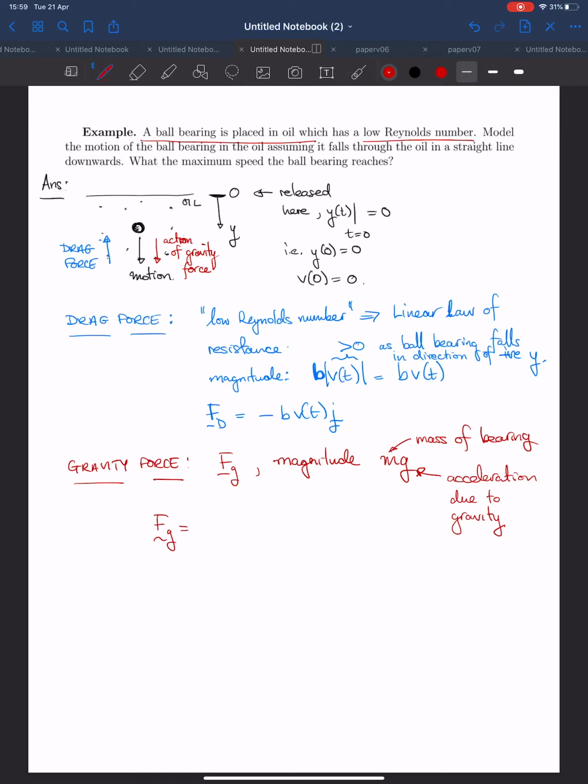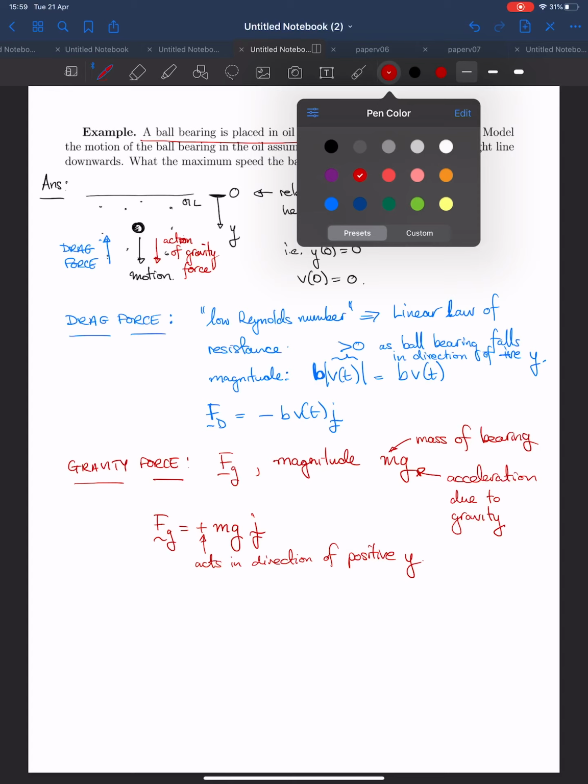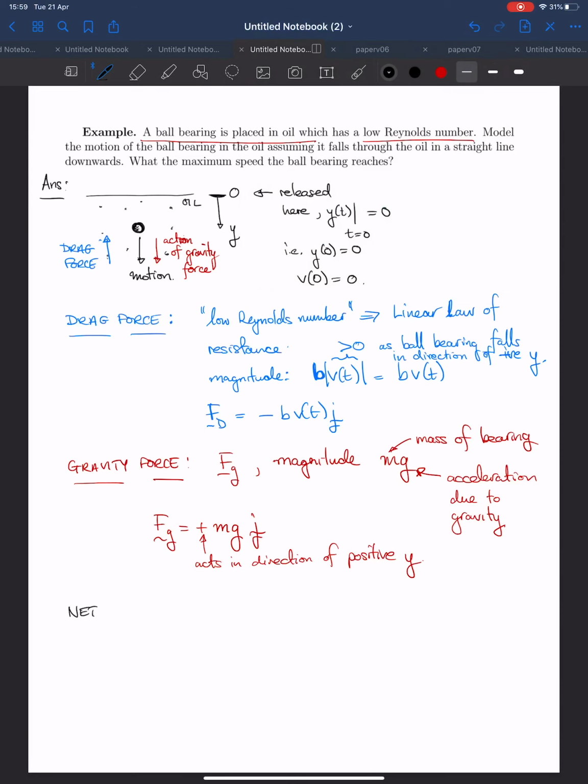Additionally, it acts downwards, so it has the form mg j, which is plus because it acts in the direction of positive y. What we need for Newton's second law is the net force, or resultant force F, which is just Fd plus Fg. If I sum these two together, what I get is mg minus bv.